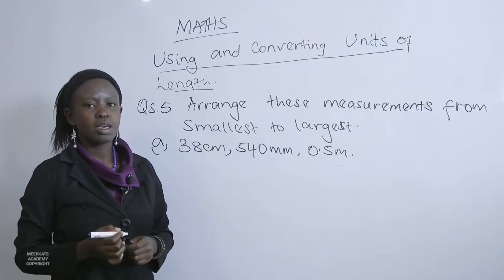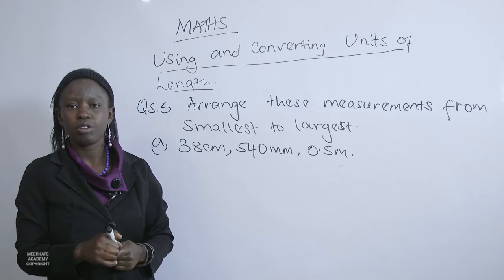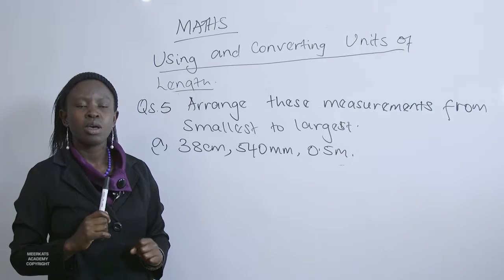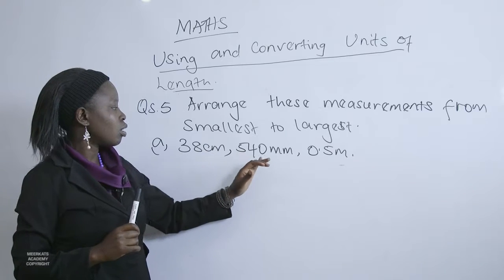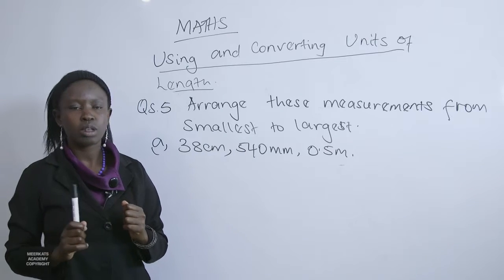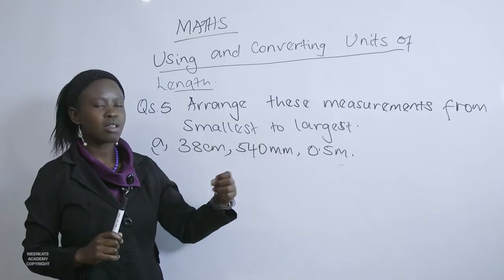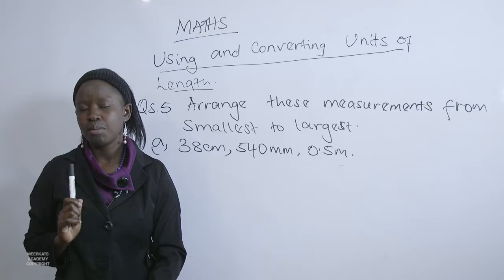we have 38 centimeters, 540 millimeters, and 0.5 meters. We discover that they are all in different units. The first one is in centimeters, the second one is in millimeters, the third one is in meters.